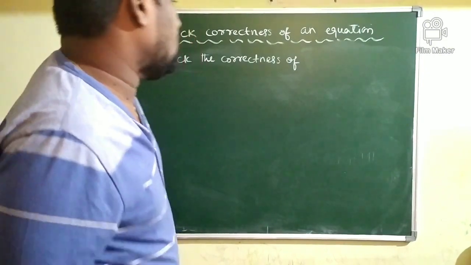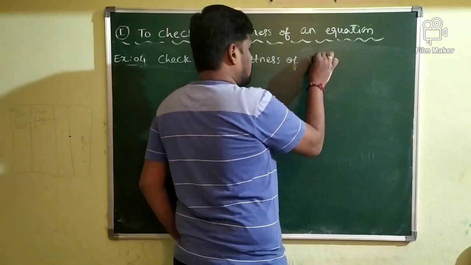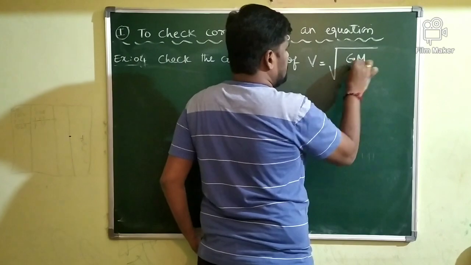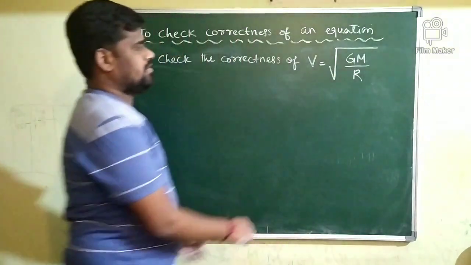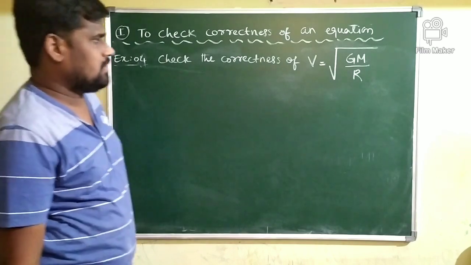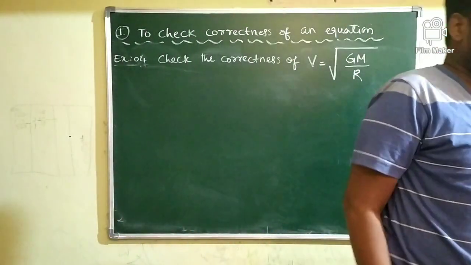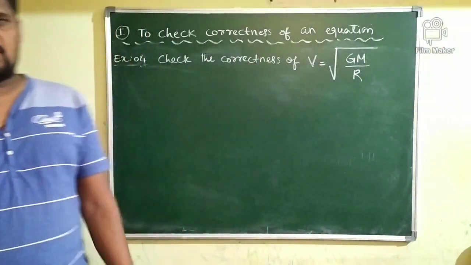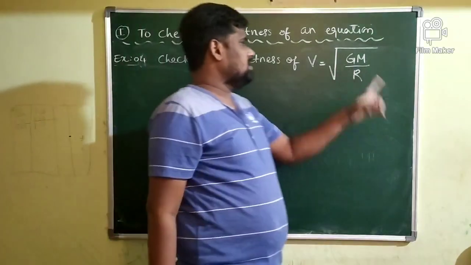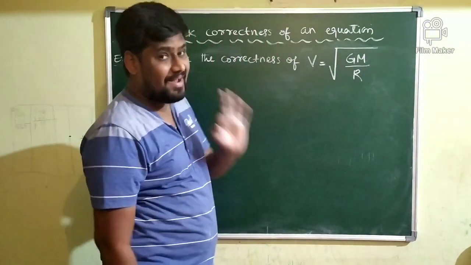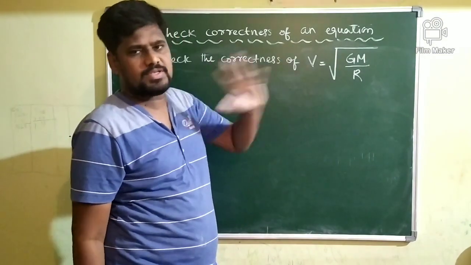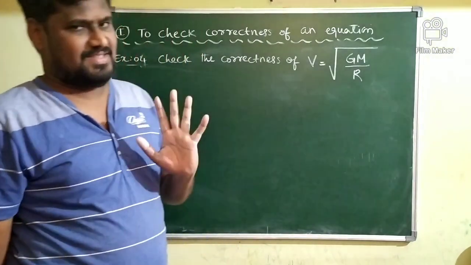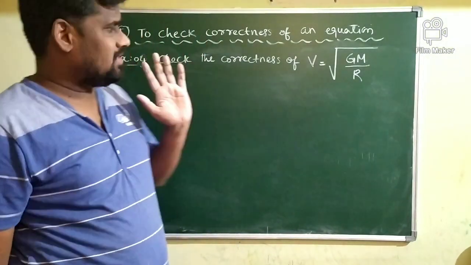Check the correctness of the equation v equals under root of GM divided by r, where v is called velocity, G is called the universal gravitational constant, M is mass and r is radius.